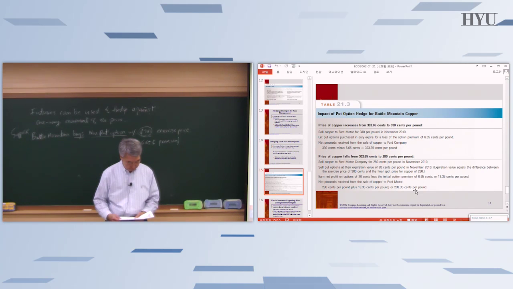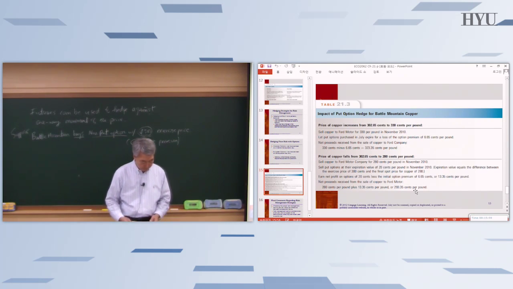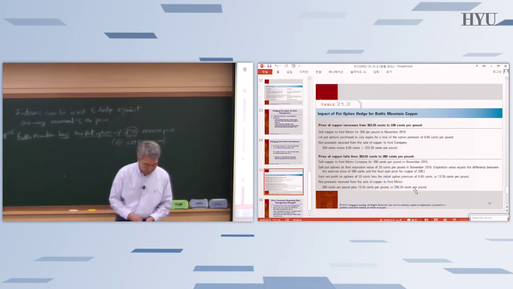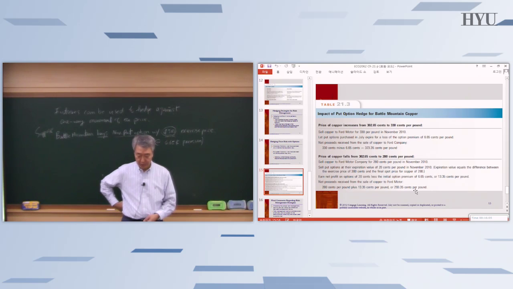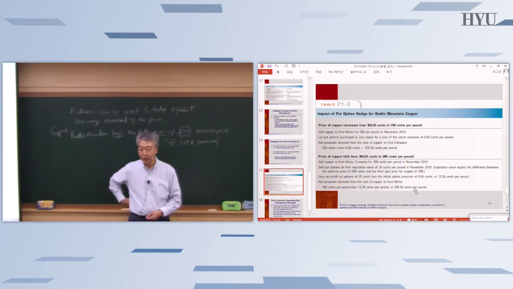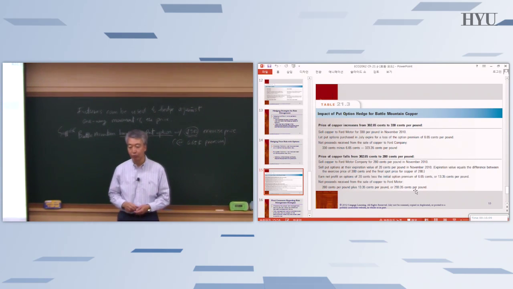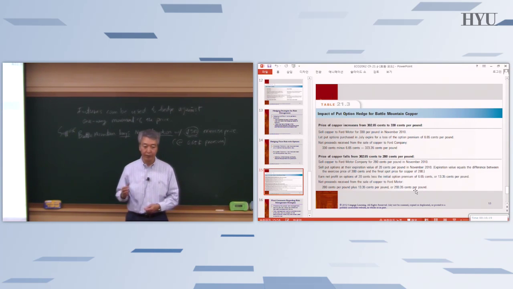So what's the summary here? Previously, when you hedged yourself with forwards or futures, you could protect yourself against only one side, either the price rising or the price declining.